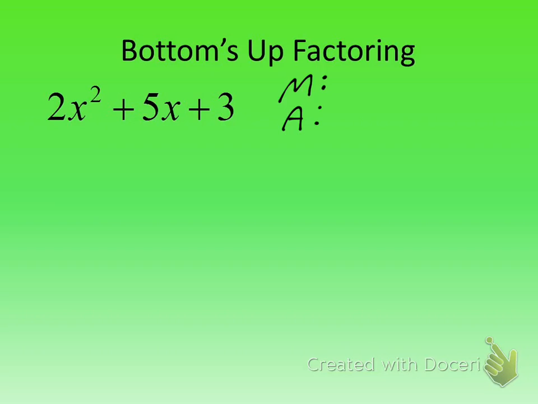Remember what changes. Your multiply number comes from the product of A and C. So multiply 2 and 3, which gives you 6. Your add number is always what's in the middle, which in this case is 5. So there's step 1 done.